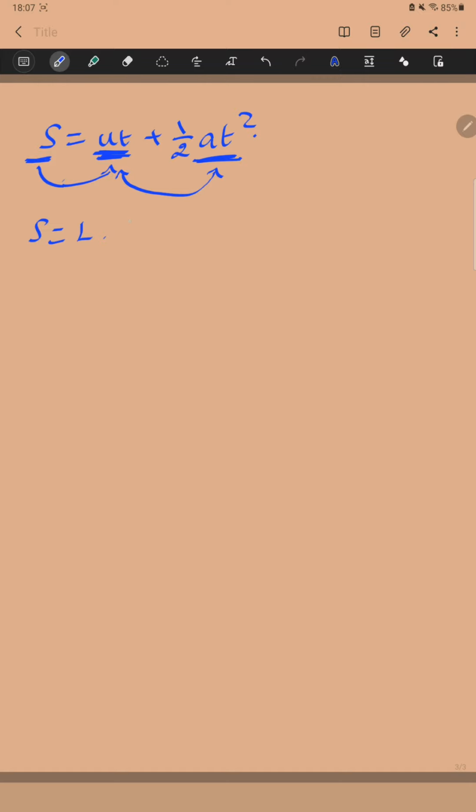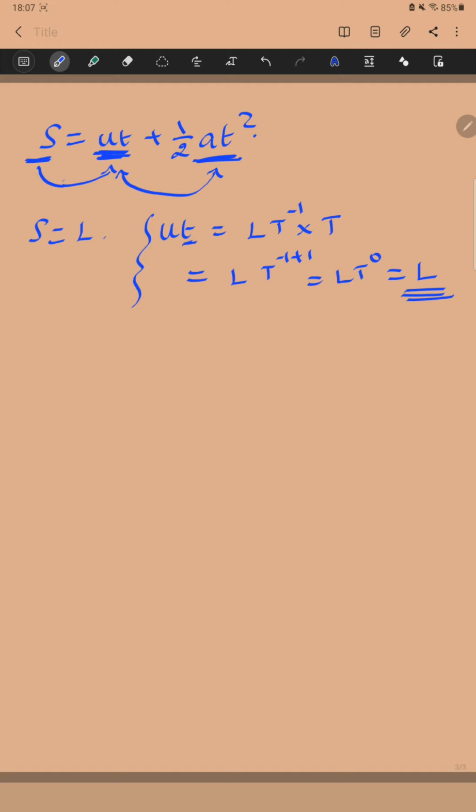So what is the dimension for ut? u is nothing but velocity, so LT power minus 1 times t, which is nothing but time, which is LT power minus 1 plus 1, which is LT power 0. Anything power 0 is 1, so it is just L. So ut is also L.